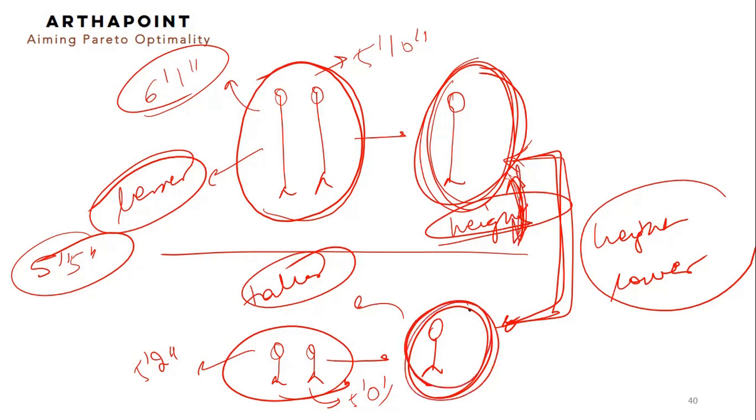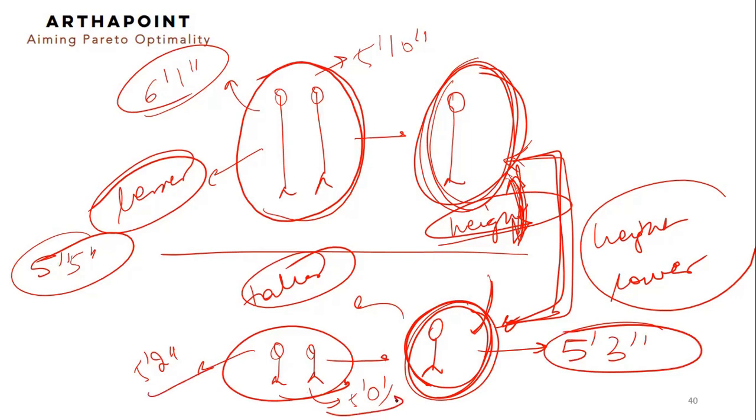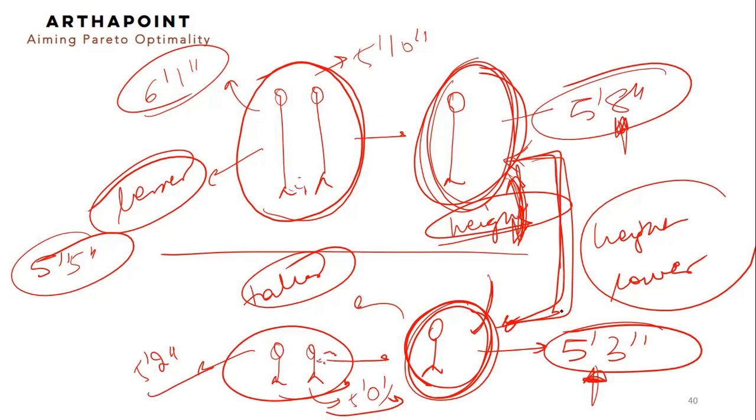This child height will also be closer to 5'5", but it will be definitely lower than 5'5". So maybe this child will have a height of 5'3", closer to 5'5" as compared to the parents. And maybe this child will have a height of 5'8". So he's tall, definitely, because he's born to tall parents. He's comparatively short because he's born to short parents. But you see that these two heights are tending to move closer to the average height of 5'5".